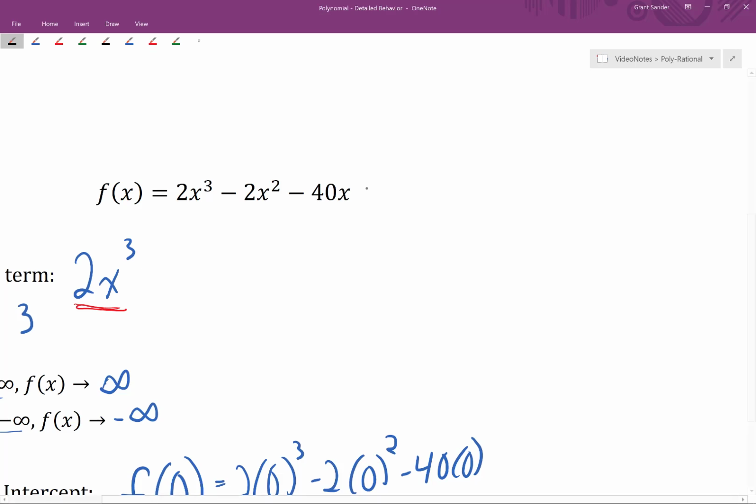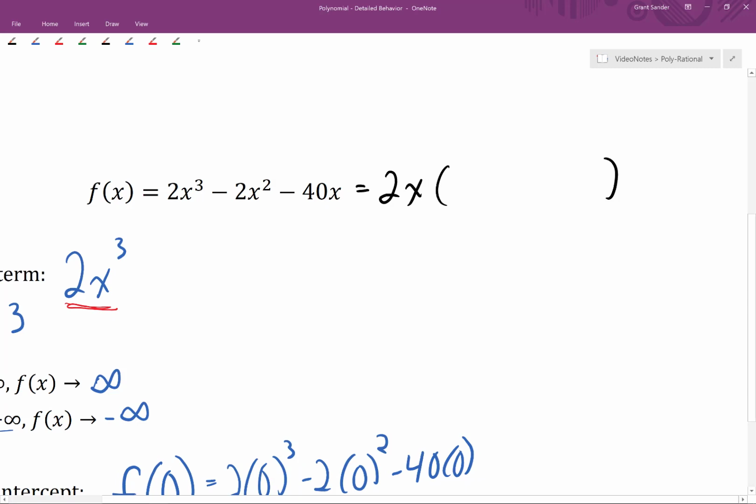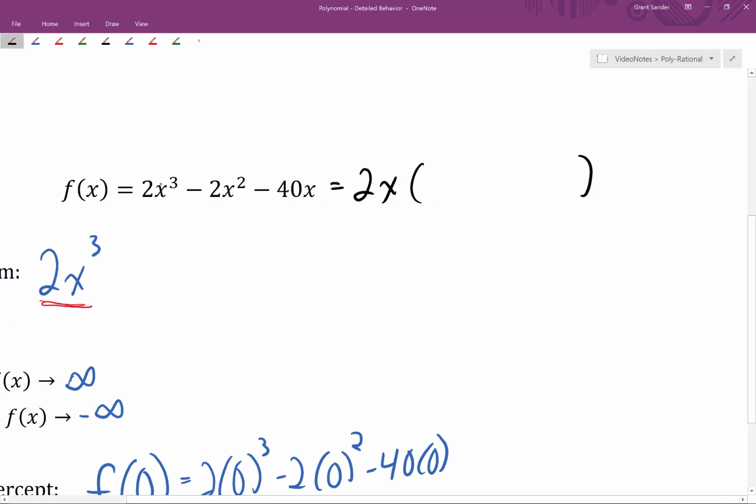So if we rewrite this, we'll factor out a 2x. Notice that each one of these terms has a 2x in it. So 2x times some polynomial expression. From 2x³, we took away 2x, which leaves us with x². And then minus 2x² turns into a minus x, and minus 40x turns into minus 20.